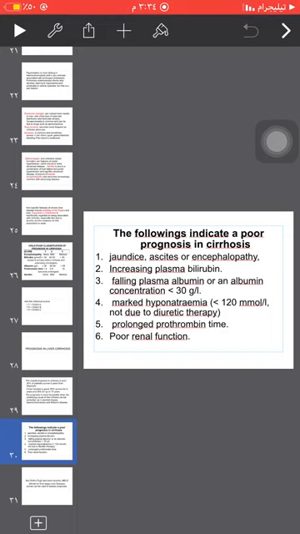Prolonged prothrombin time and poor renal function. بسبب poor renal function فيصير عندك hyponatremia marked، و prolonged prothrombin time راح يزداد لأن ماكو clotting factor.